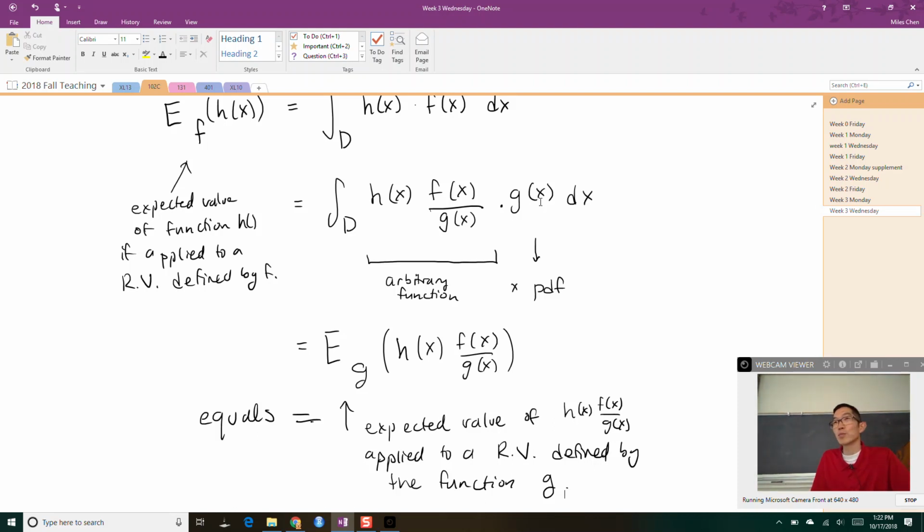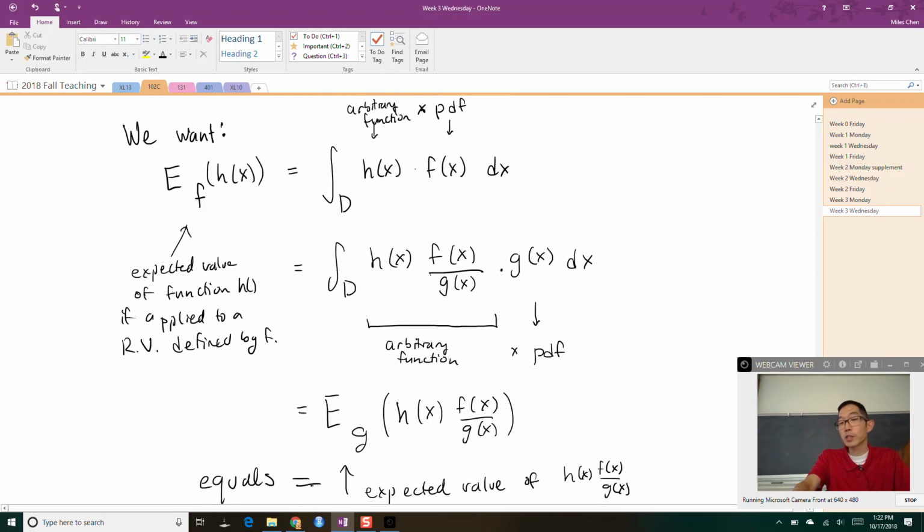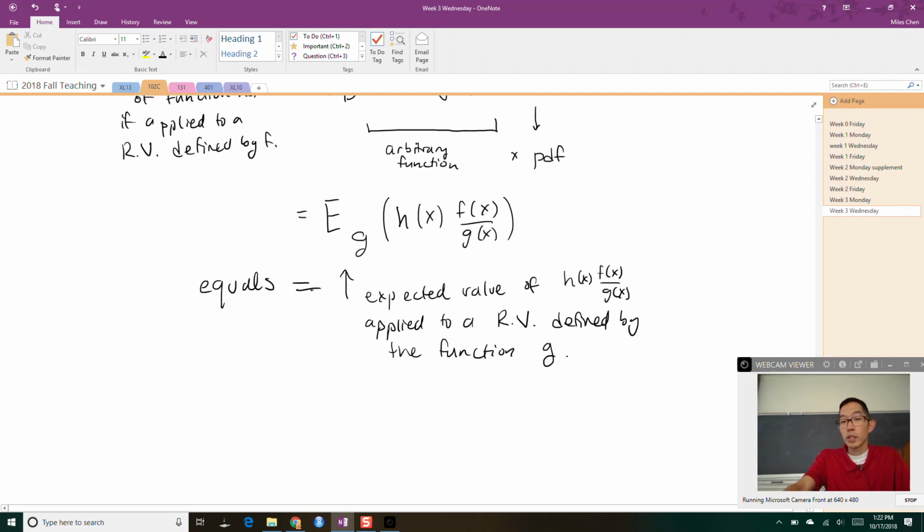We're going to generate values from g of x. Okay, but what we want is the estimate of the value h over the random variable defined by f, okay? So in order to keep things equal, we just include this term, f of x over g of x, and so these two things are equal. I mean, does the math make sense here?